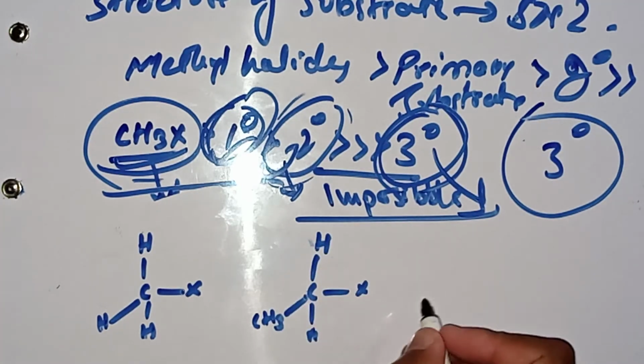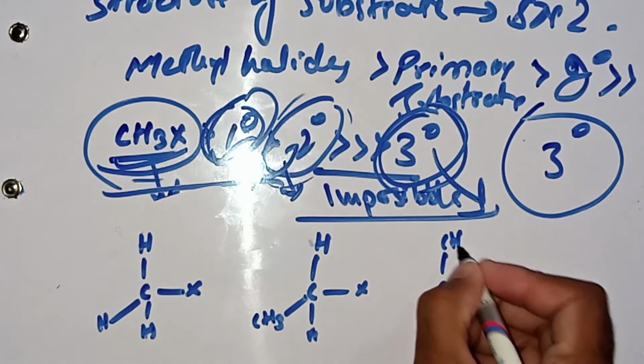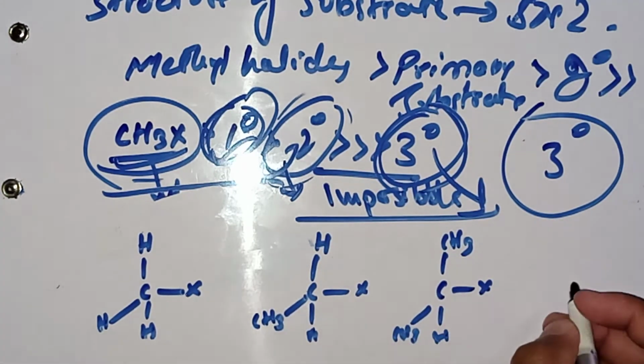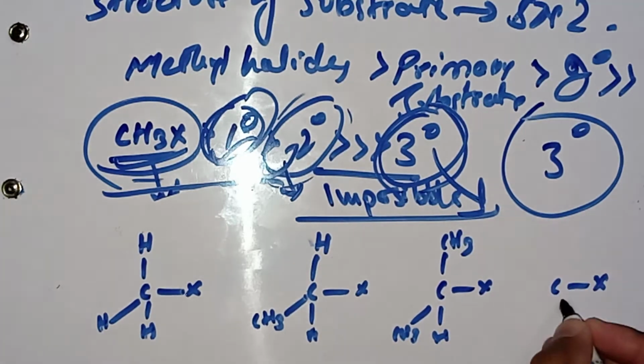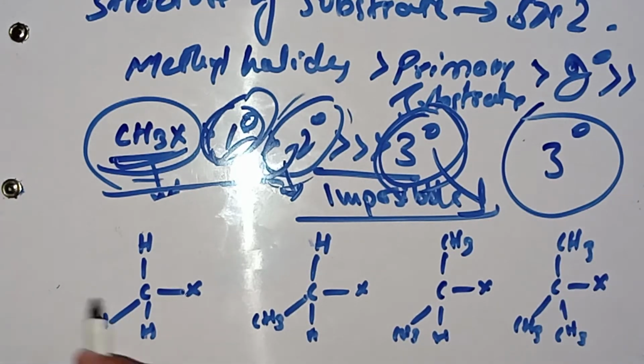In the case of secondary alkyl halide it will be like this, while in the case of tertiary alkyl halide it is CH3 CH3 CH3. This is tertiary alkyl halide.